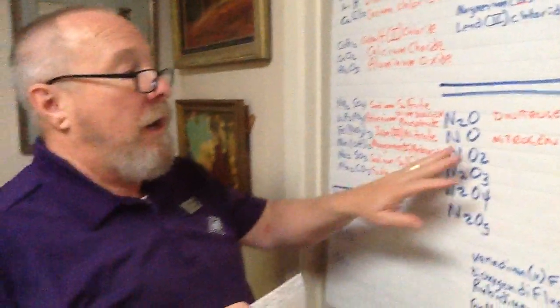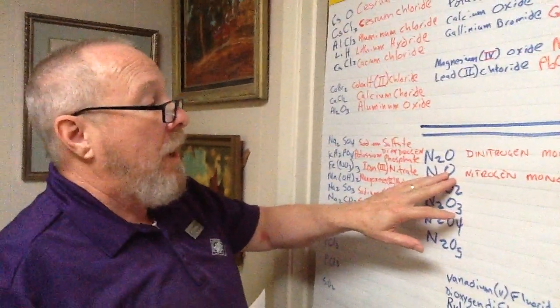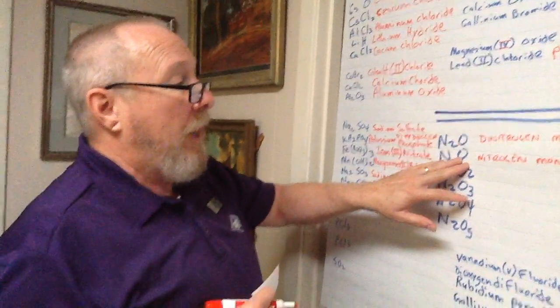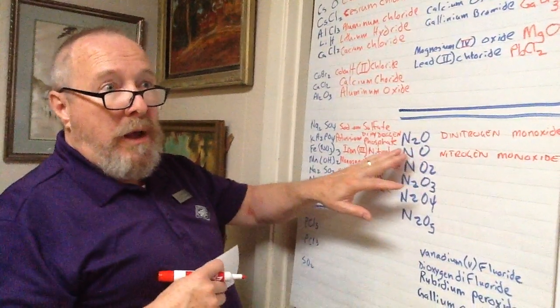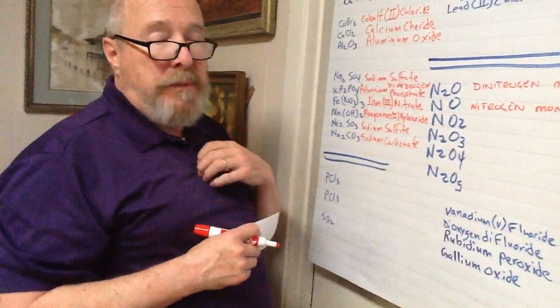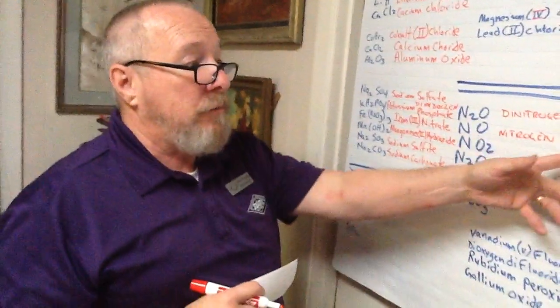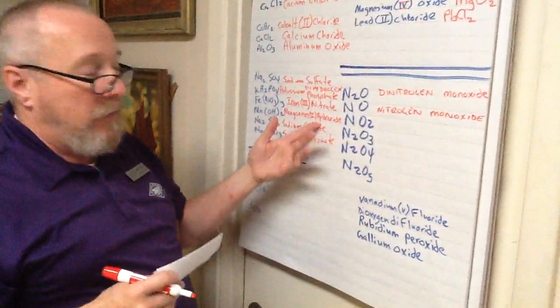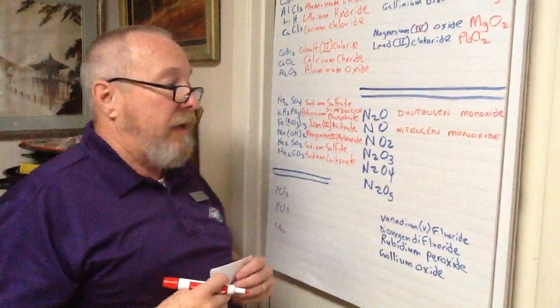This is a very common, I want to say pollutant, but it's also something used in your body as a messenger. For example, you may have heard of people taking nitroglycerin tablets to help their heart, but it's because that releases the nitrogen monoxide, also known as nitric oxide, which in turn causes arteries to relax in the body.